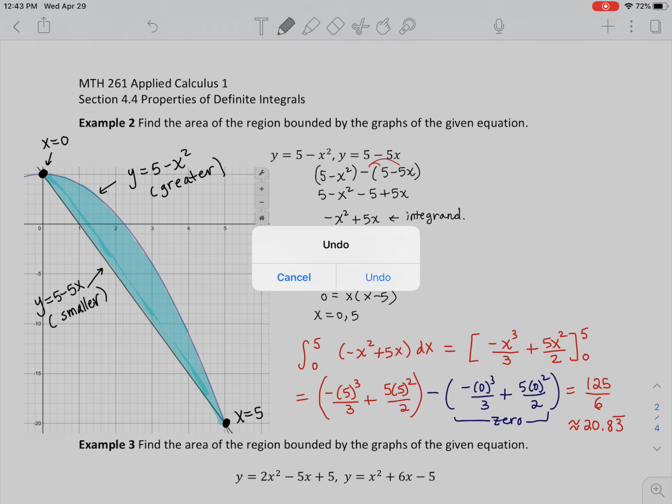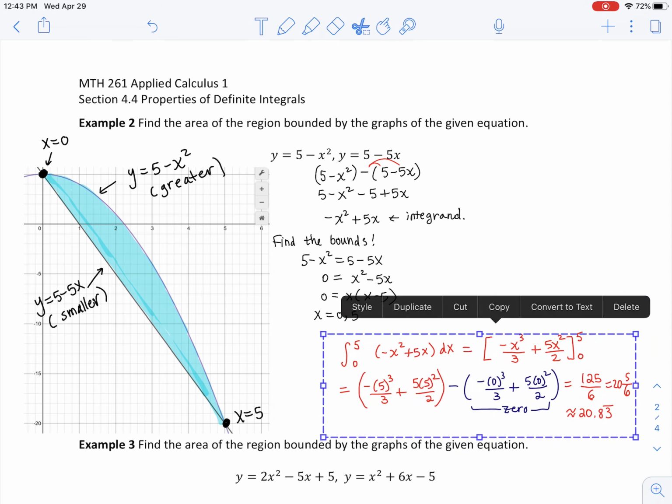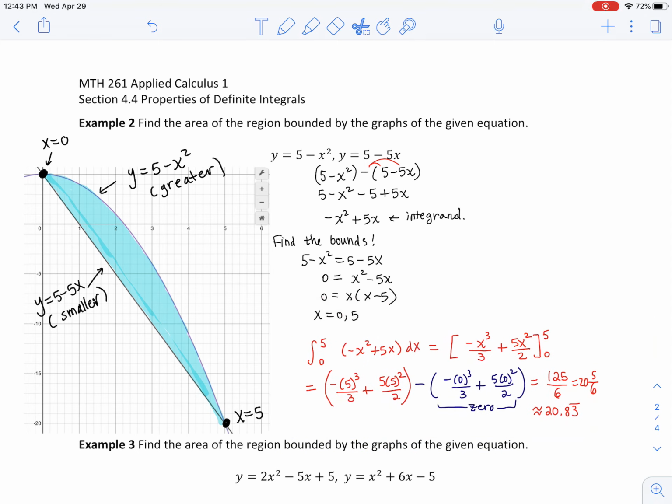Or you can also give them the mixed number, because I remember this section, they kind of wanted different forms of answers. 20 and 5 over 6. This is also 20 and 5 over 6. But on your exam, when you do your number 8, either of them are fine. Decimal, fraction, mixed number are all fine.